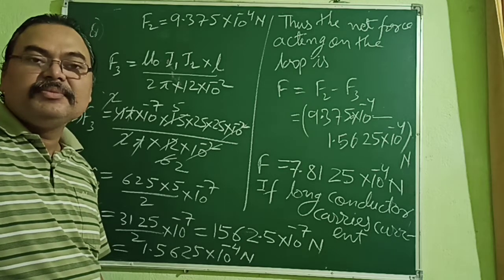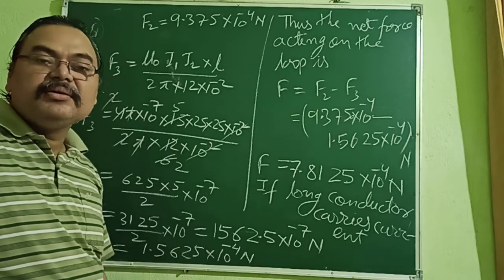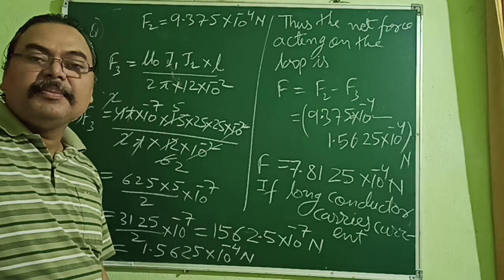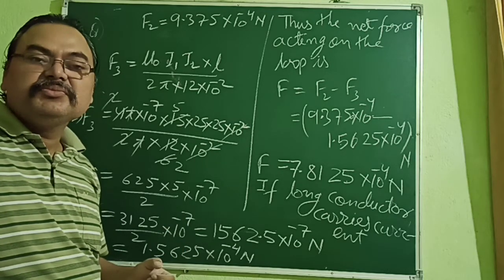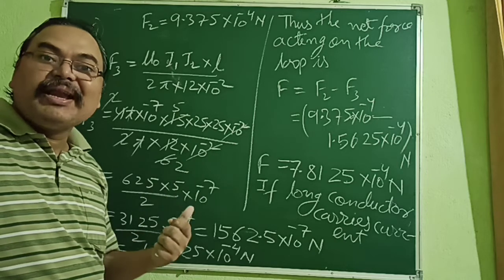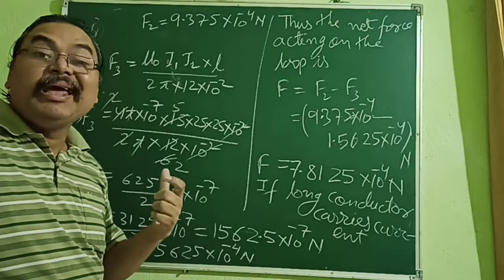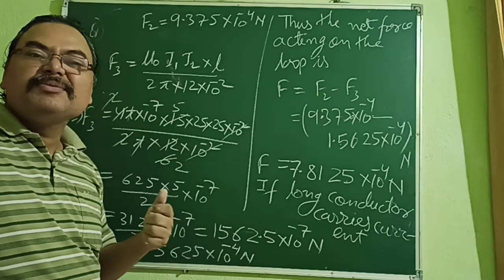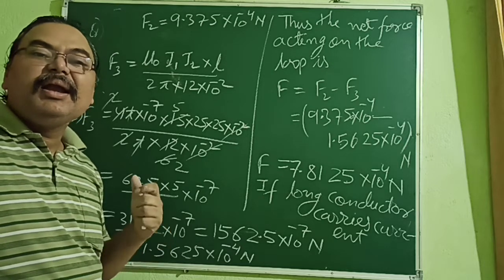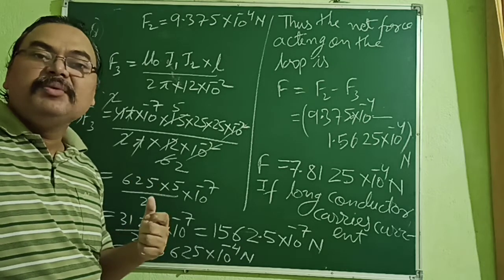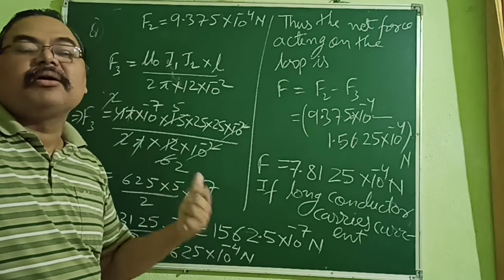Full stop. If the direction of current in the long conductor is opposite to the direction of current in conductor AB, then the force will be repulsive and net force on the loop will be acting away from the long conductor.